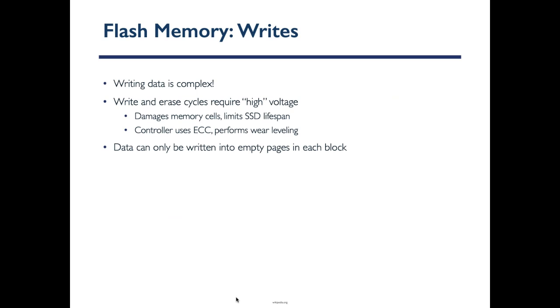When I say erased, it means that it has no charges, which means that it's storing 1. Now, if you want to store 0, you have to put some negative charge on the floating gate. And to do so, it requires you to apply a lot of voltage to your control gate so that you can bring some negative charge on the floating gate.